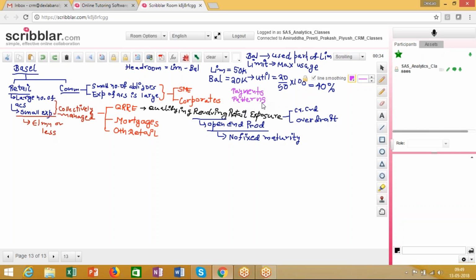And what are these payment patterns that we are talking about? One of the very key variables which captures the payment patterns of a borrower is the payment balance ratio.